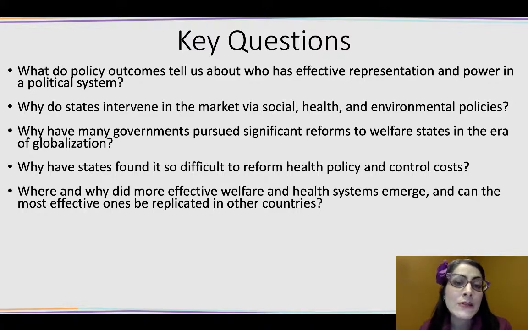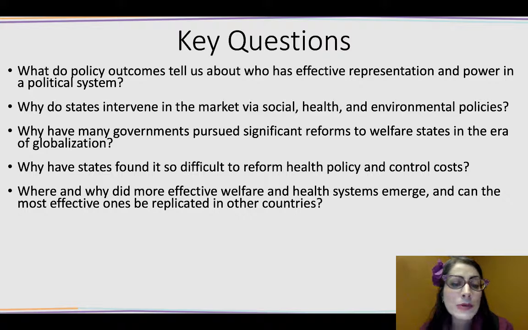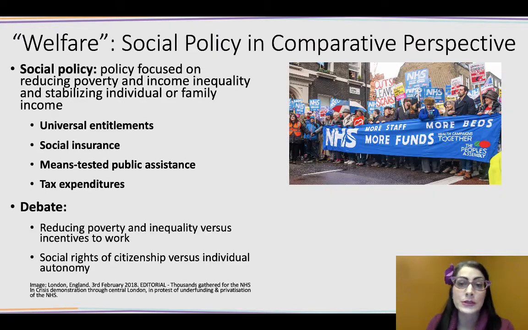Why have many governments pursued significant reforms to welfare states in the era of globalization? Why have states found it so difficult to reform health policy and control costs? And where and why did more effective welfare and health systems emerge? And can the most effective ones be replicated in other countries?